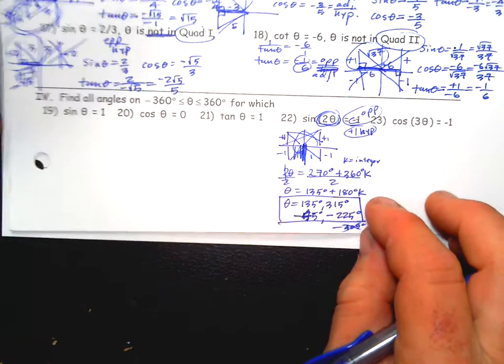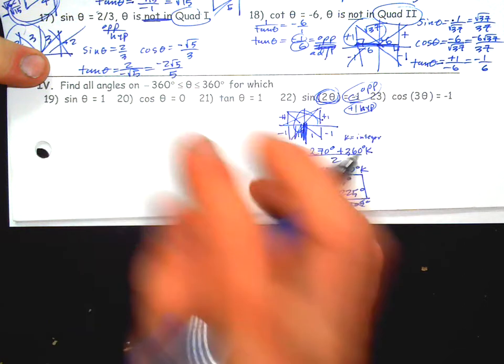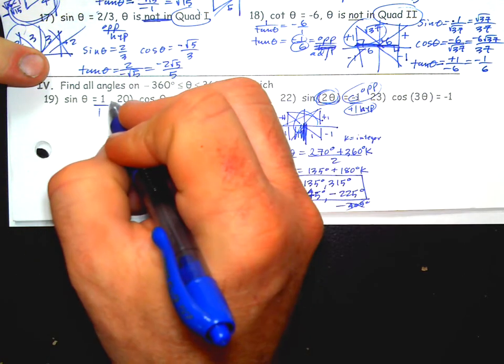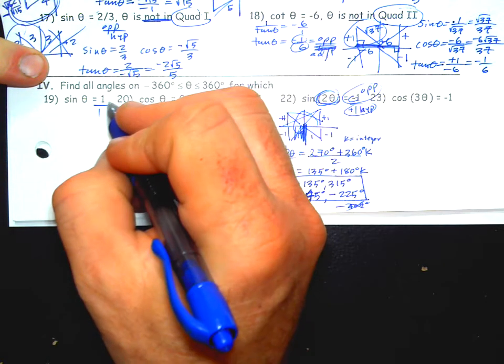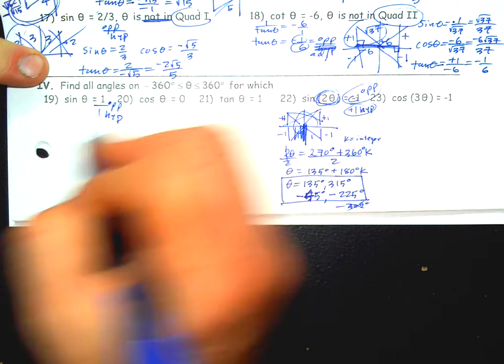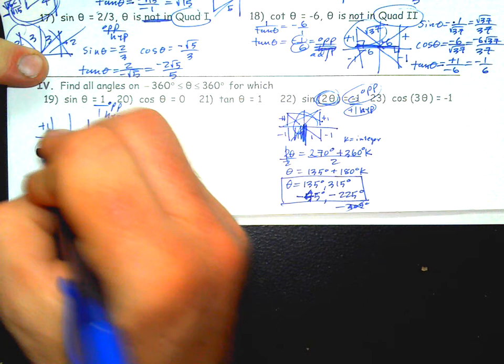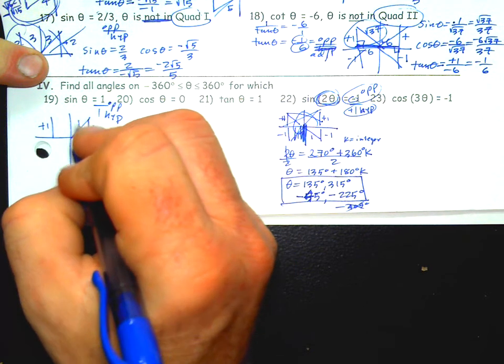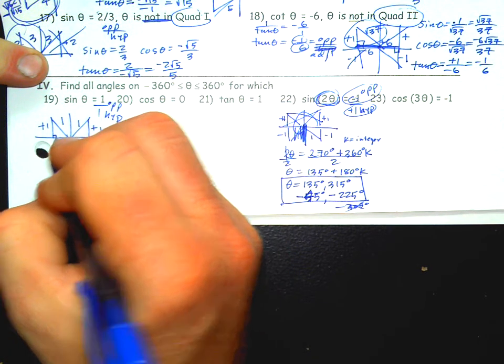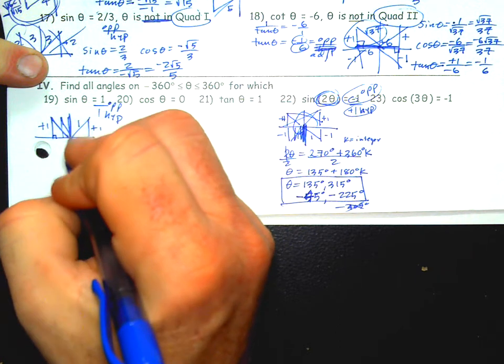Okay, last one's solving some trig equations here for special cases. So sine, kind of doing the same thing we're doing up here, but there's just weird situations. So this is opposite over hypotenuse. You think, well, where would the opposite side be positive? Either here or here, right? But then the adjacent side is the same length, which means that these end up lying right on top of each other. The way that happens is when it's right here.